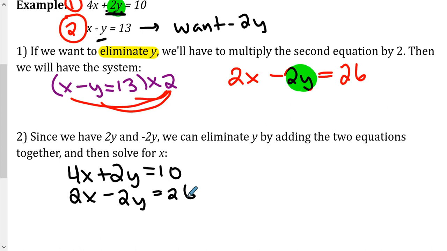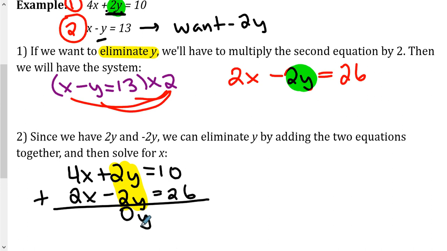And then what I want to do, just like what we've done in the past, is addition here. Because what's going to happen is the 2y, looking in the middle row here, when I have 2y and I subtract 2y, I get a 0y.